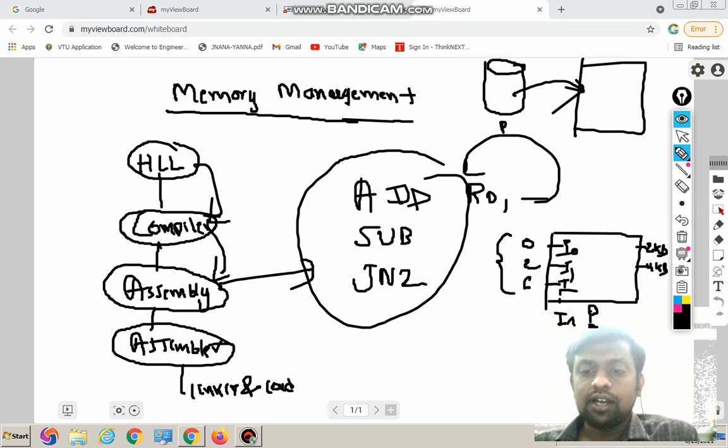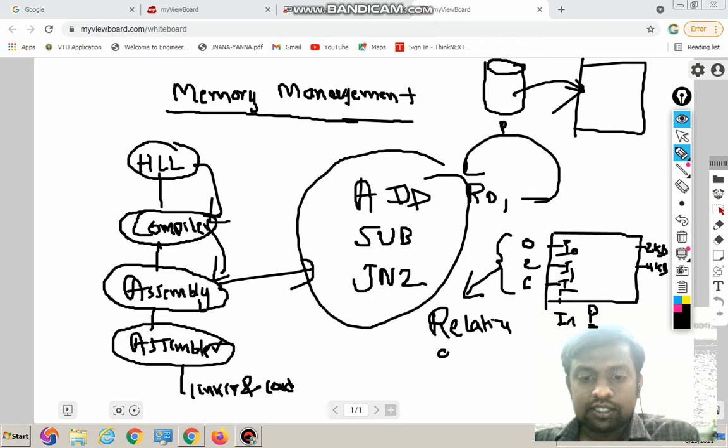So initially we are starting with some base address, assume we are starting with 0, and to complete I0 we need 2 KB, then the second address will be 2, then we have 4, 2 plus 4, 6. So these addresses are nothing but relative addresses.